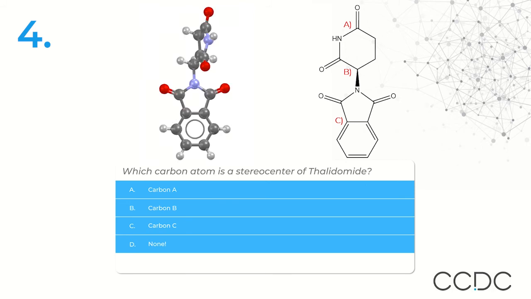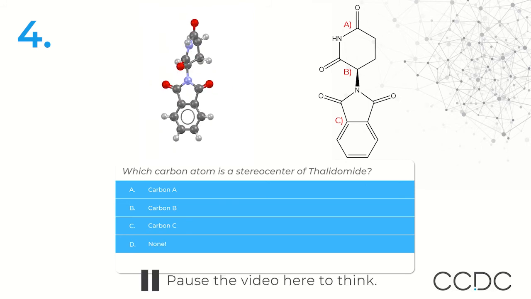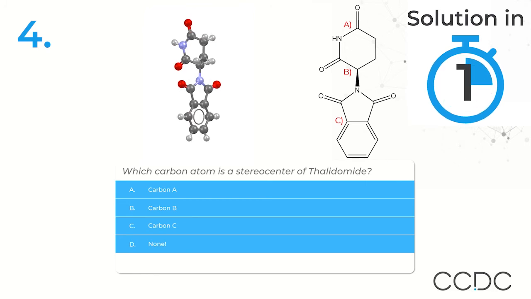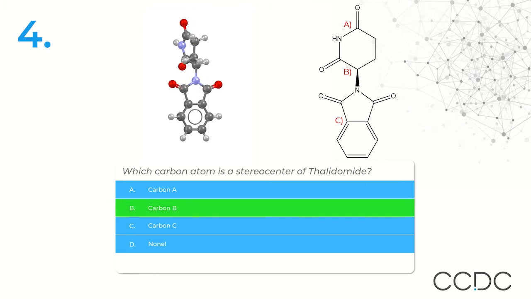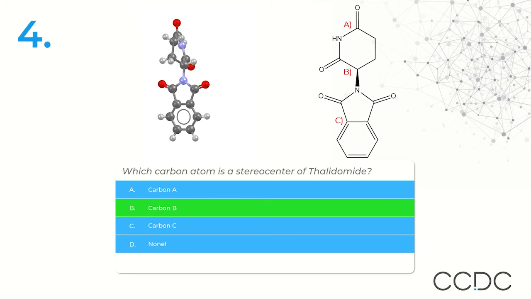Can you identify which carbon atom is a stereocenter? Give it a thought before I reveal the answer, and feel free to pause the video if you need more time. Great job! Thalidomide's chiral center is this carbon with 4 different groups attached to it. Don't worry if you didn't get it right this time. It takes more practice to rapidly identify tricky stereocenters such as this one.